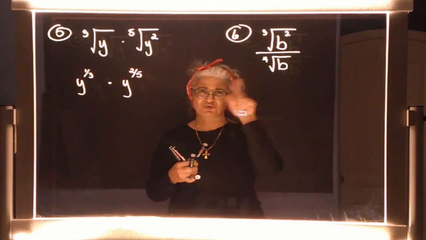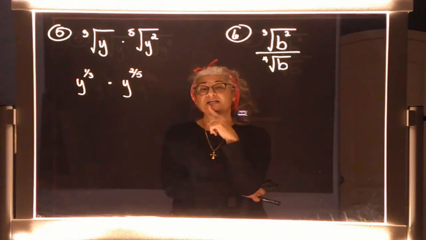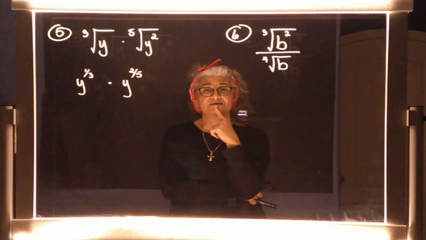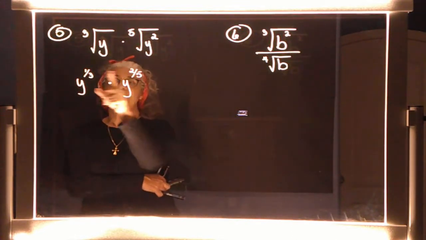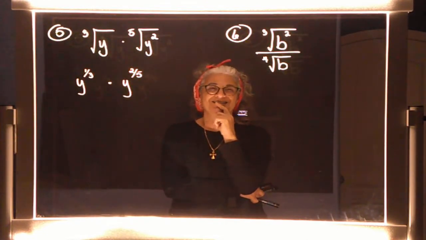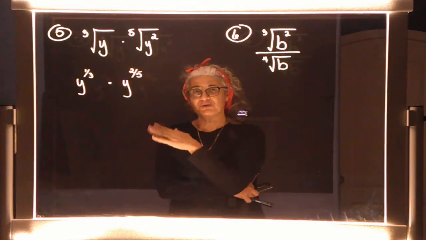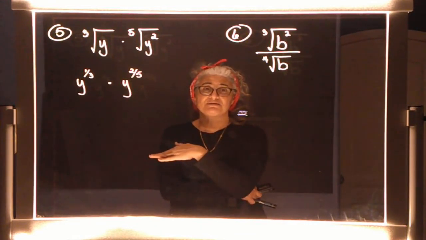All right, that's a little nicer looking, right? I don't have that root symbol in there to get in my way. Now, I'm multiplying the exact same bases, right? So when I'm multiplying the exact same bases, what do I get to do to the exponents? Remember a few moments ago, we get to add exponents, don't we?